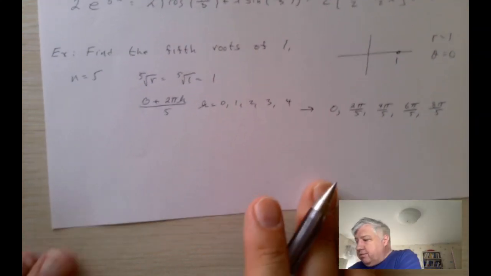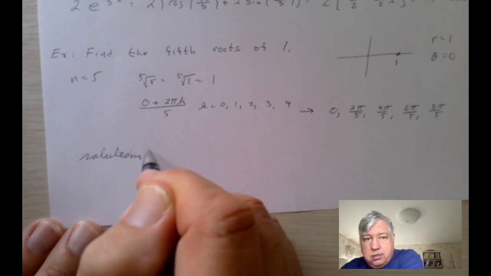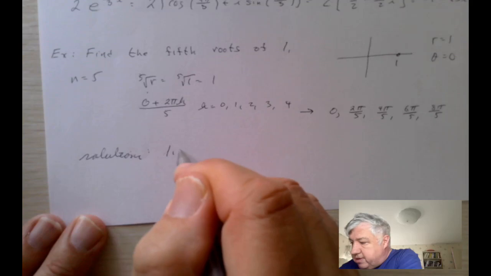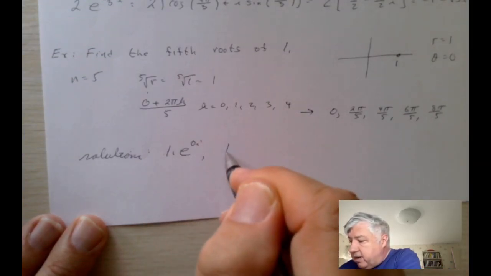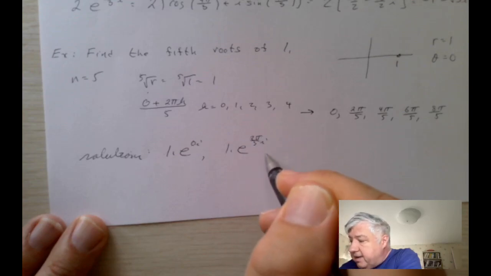And so the solutions would be, again, this is just 1, so we can write 1 times e to the 0 pi, 1 times e to the 2 pi over 5 times i, and so on.